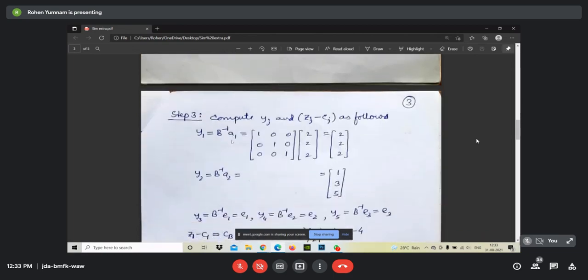Step 3, compute Yj and Zj minus Cj as follows. For Yj you have to calculate Y1.